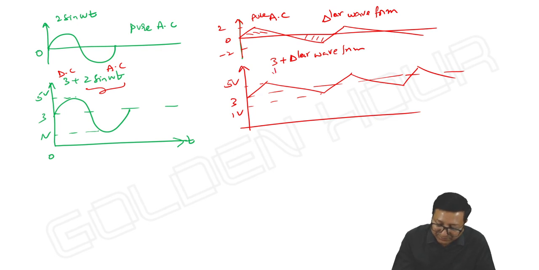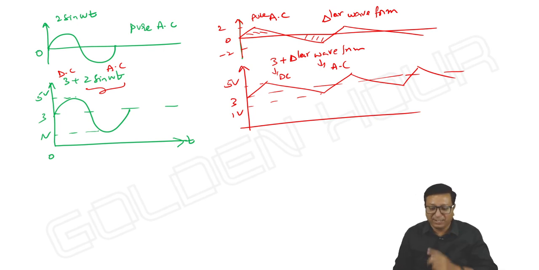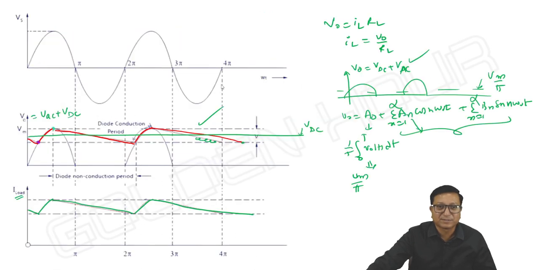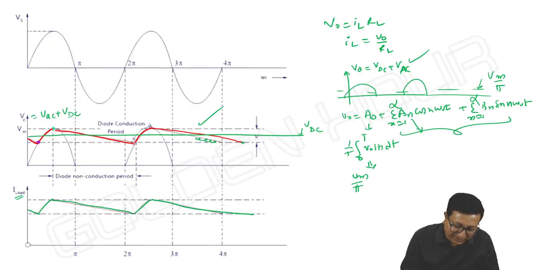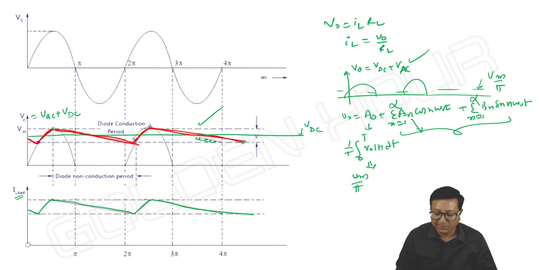Then it is DC, and this is a combination of DC and AC. Our overall waveform is like this, which looks like a triangular waveform. In that, the DC component is the green one, and the AC component is the triangular waveform.